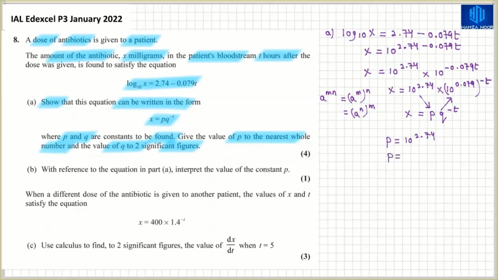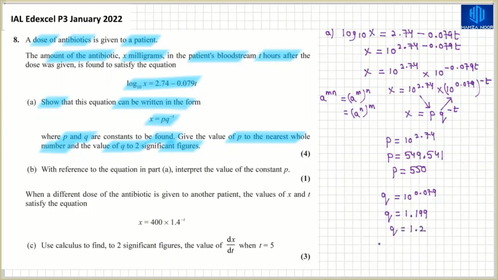So p equals 549.541, and correct to the nearest whole integer, this will be 550. And then we need to evaluate the value of q, which is 10 raised to the power 0.079, correct to two significant figures. The value of q is 1.199, and correct to two significant figures, q equals 1.2.